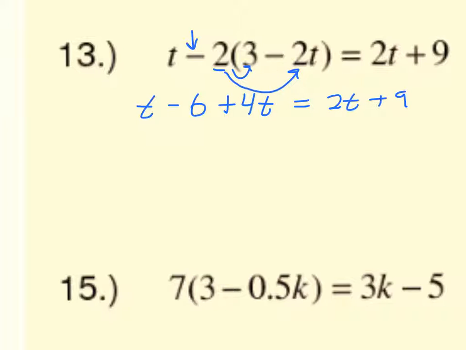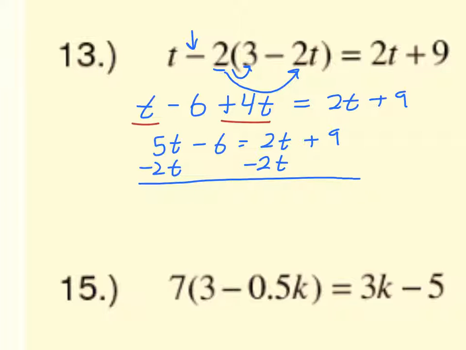Okay. So we need to combine terms, so we can go ahead and combine these t's on one side first, which would be 5t minus 6 equals 2t plus 9. Well, now we need to get the t's on the same side, so I'm going to subtract 2t from both sides, which will cancel those, and I'm left with 3t minus 6 equals 9.